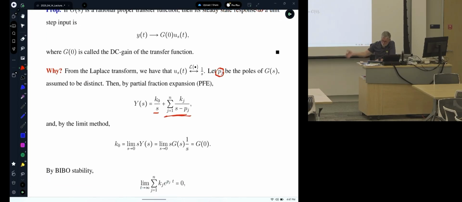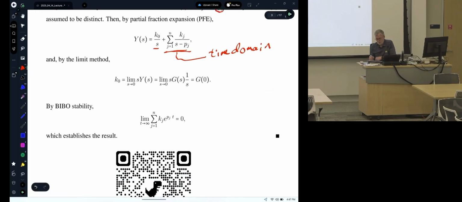Now, if the poles have negative real parts, then when we go into the time domain, we get terms that look exactly like this. So if the real part of p is negative, then that just goes to 0. We don't care about the oscillations. They will be crushed by the decaying exponential.